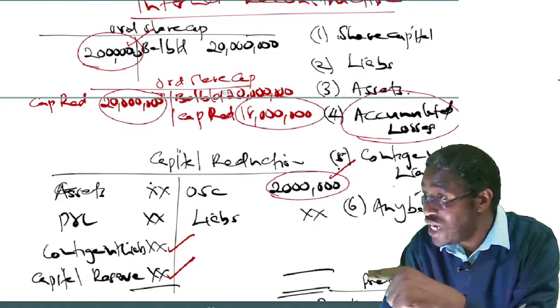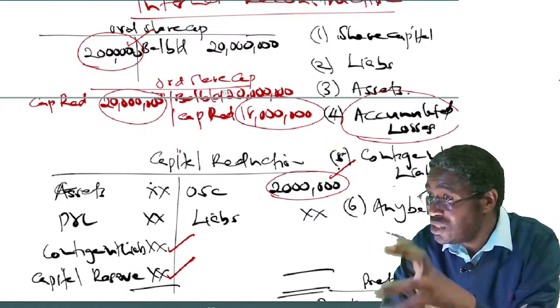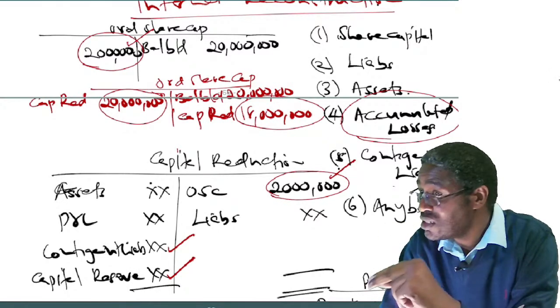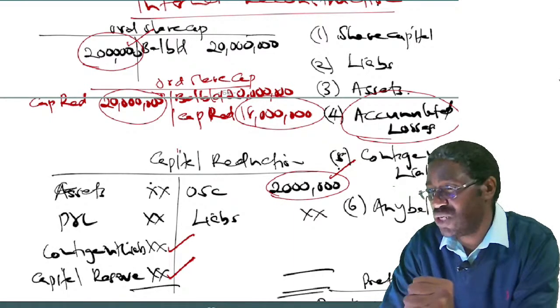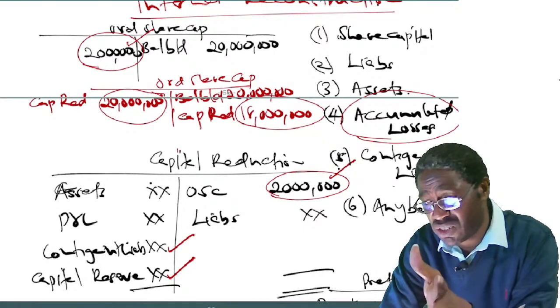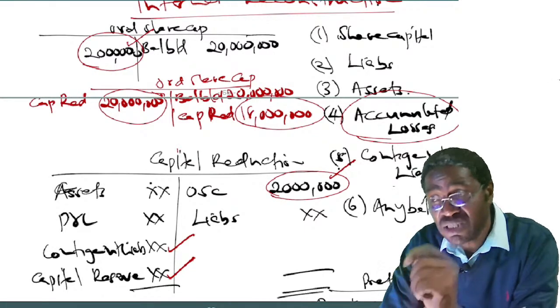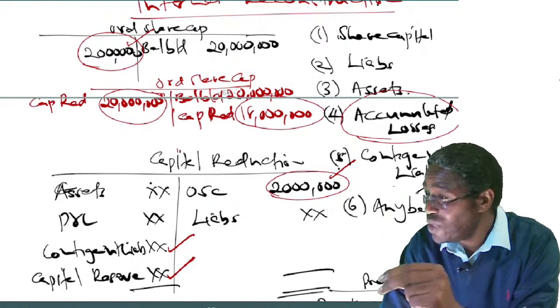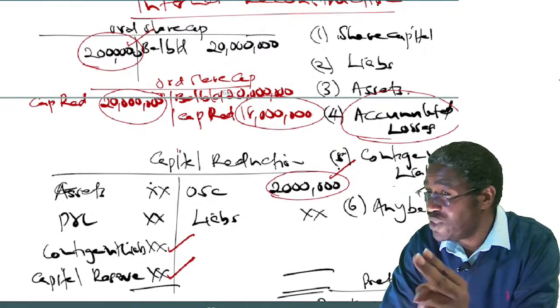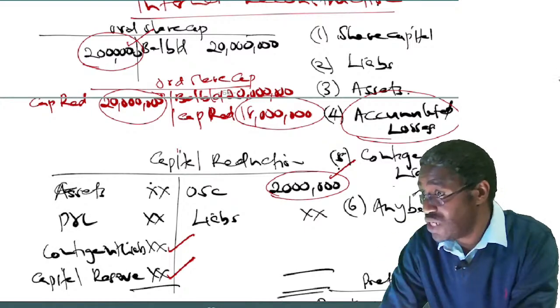I want you to chat and tell me whether you think it's a gain or it's a loss. Listen, we called in the ordinary shareholders and we asked them, what can you do for us? They said they are willing to write off 2 million. So as a company, we debited share capital, we credited capital reduction.